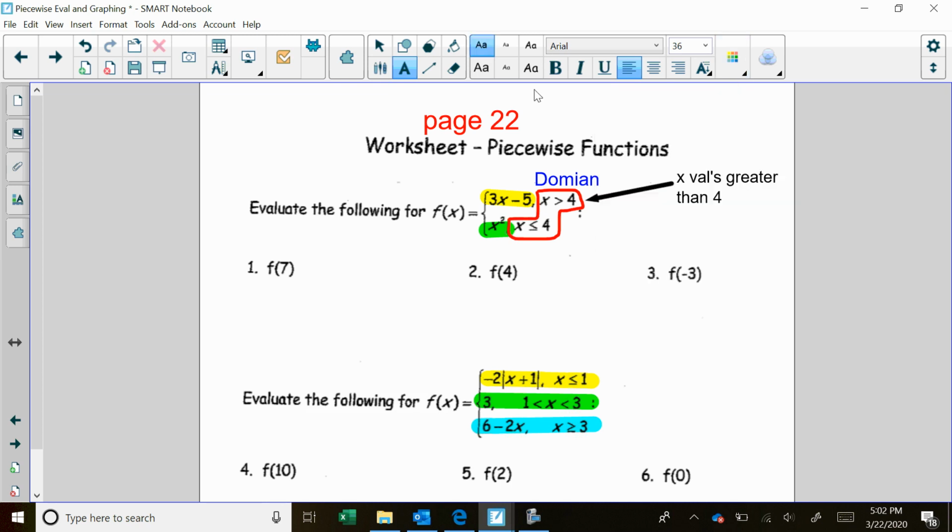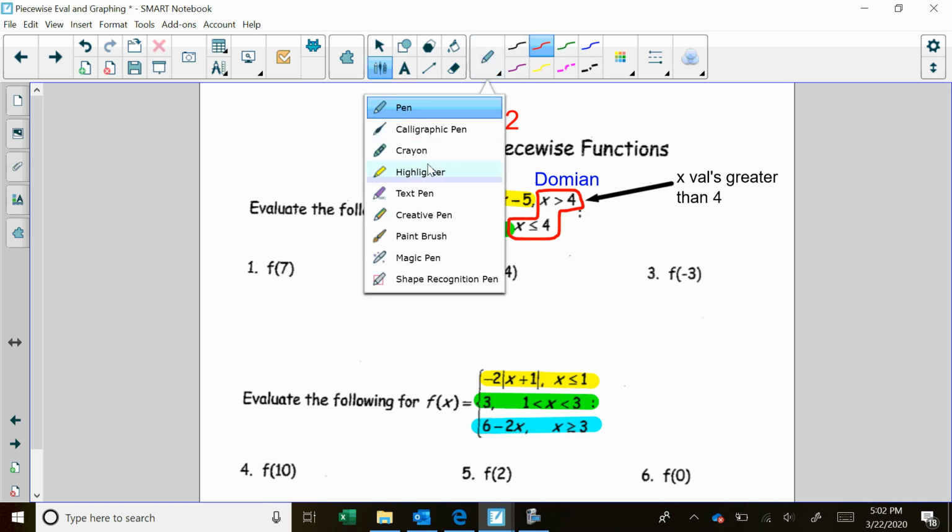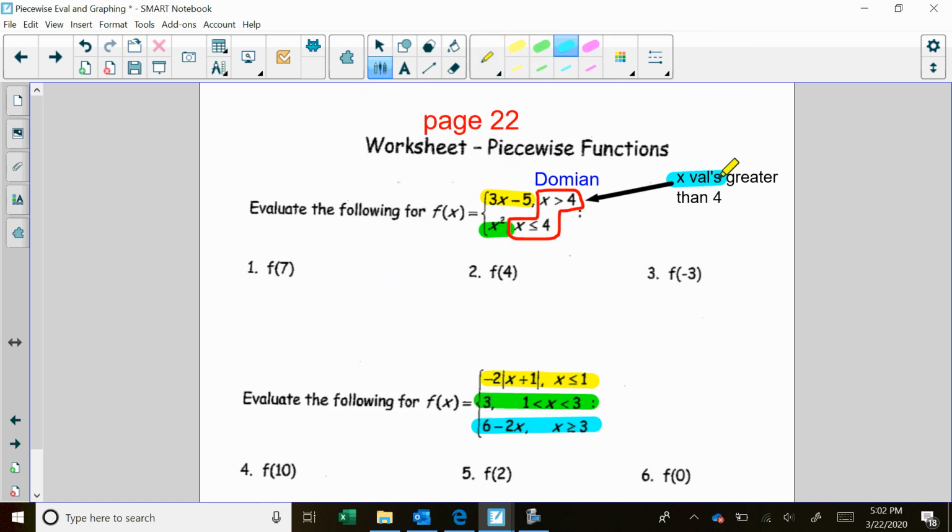I'm going to highlight that yellow because that goes with the yellow, the top part of the function. All right, so if you can think of some numbers that are greater than 4, we're talking about 5, 6, 7, 8. Who do you appreciate? Any of those numbers that are bigger than 4: 8, 9, 10, 11, 12, 13, 14, anything bigger than 4.